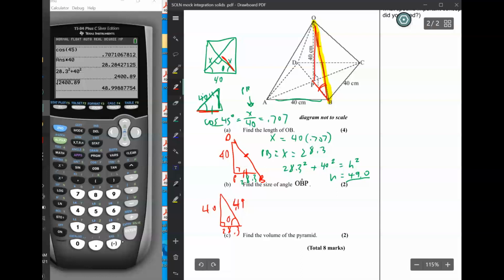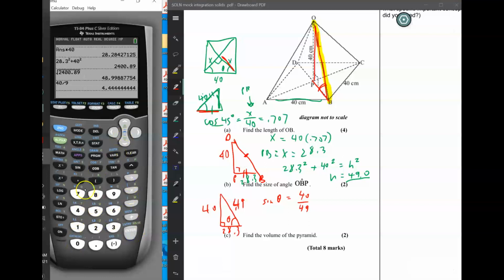Let's use sine of theta. So the sine of theta is equal to the opposite over hypotenuse, because SOHCAHTOA. So sine of theta is equal to 40 divided by 49. And we take the inverse sine of both sides. So 40 divided by 49, by the way, is equal to 0.816.